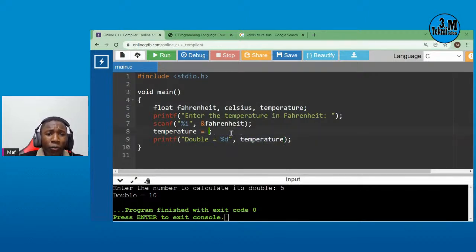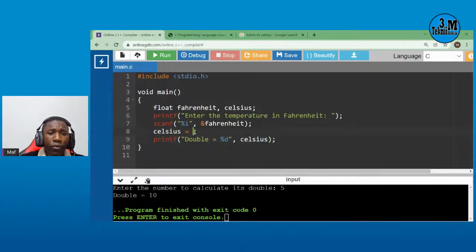But here, we're going to use a formula to convert the temperature from Fahrenheit to Celsius. Oh, this is Celsius. Okay. I don't need this variable temperature anymore because I'm using Celsius.